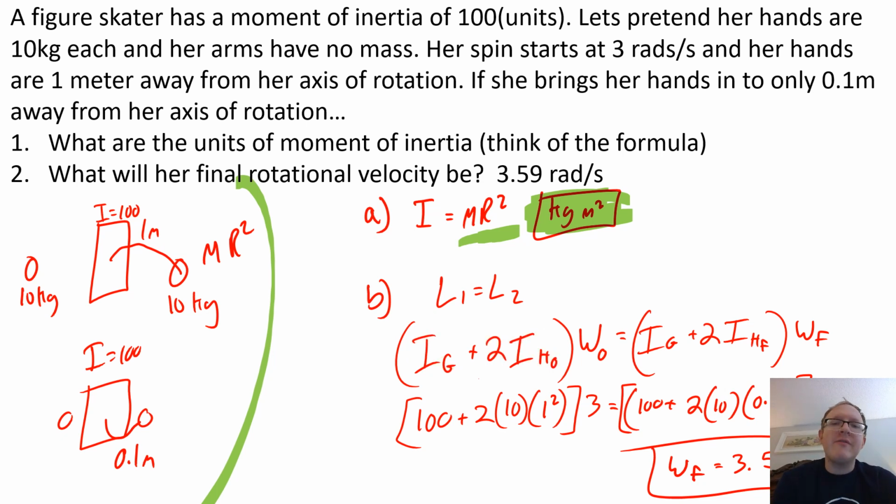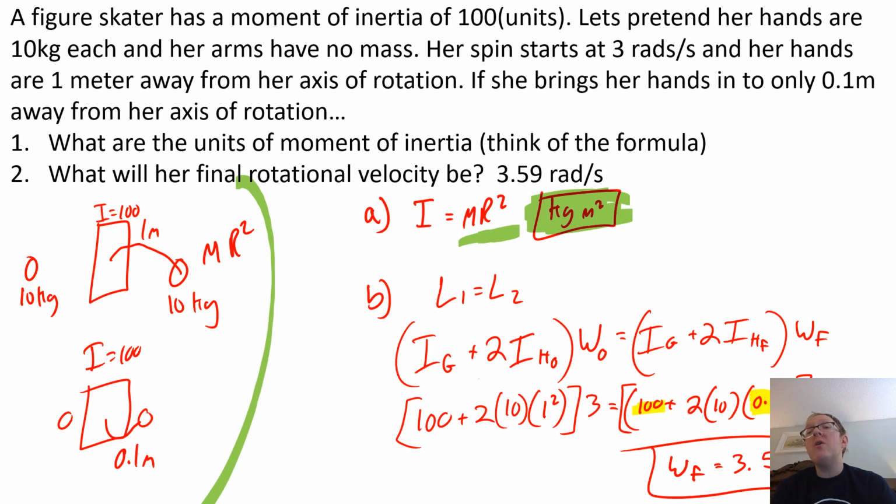So that's the left half of the formula. The right half looks the same. It's the girl and her hands, but the I values are going to change, because her body isn't changing but her hands are, specifically their I values are changing quite a bit. Once you plug everything in, it's solvable and you get that her new velocity is higher.